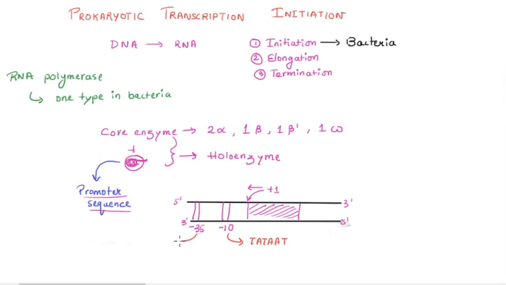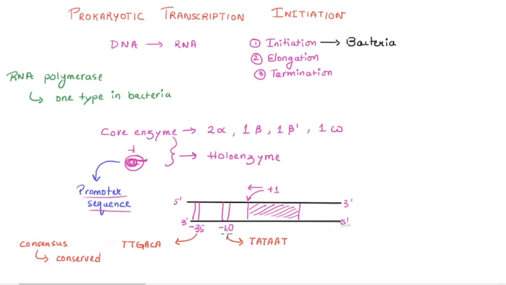And around -35, the sequence is like TTGACA. And these two sequences are called consensus sequences. These consensus sequences are generally conserved in different species of bacteria.